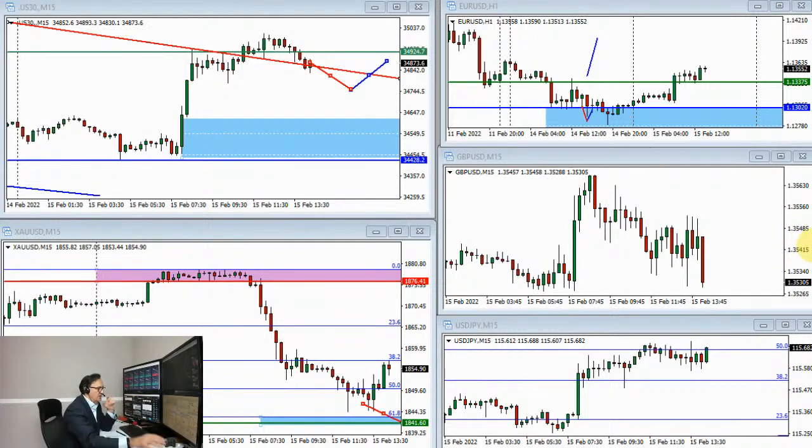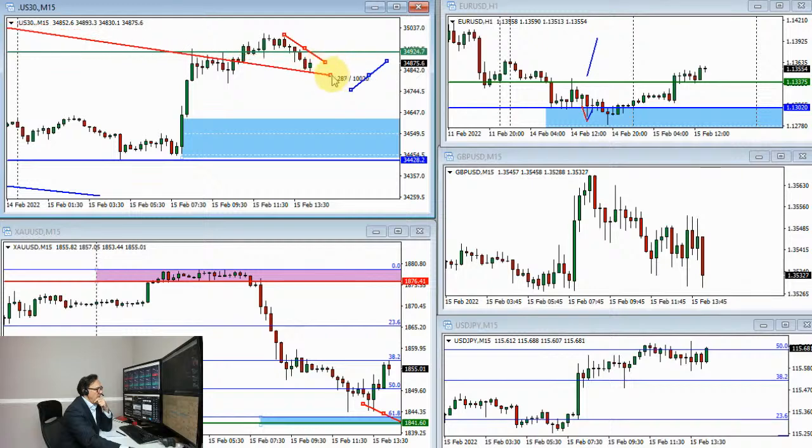I would consider it around that area very, very quickly. Okay, so let me just remove some of these annotations and do this very, very simply.